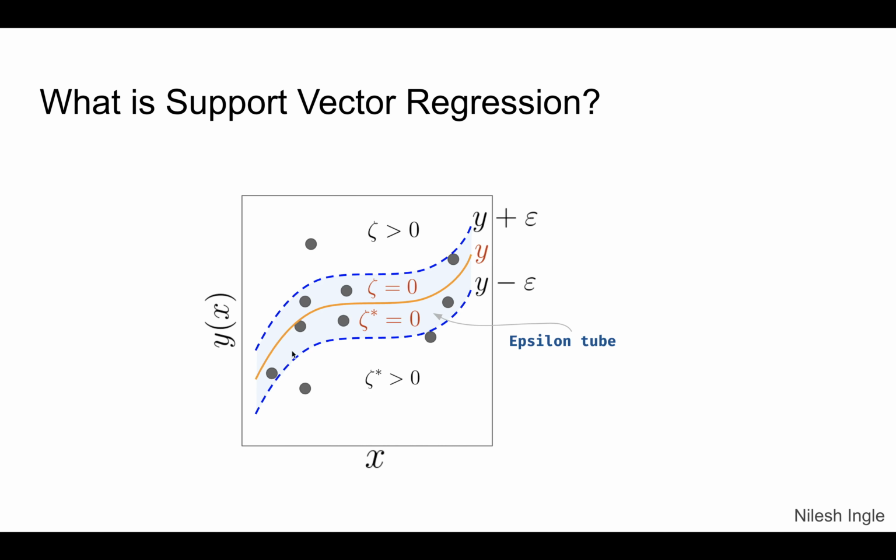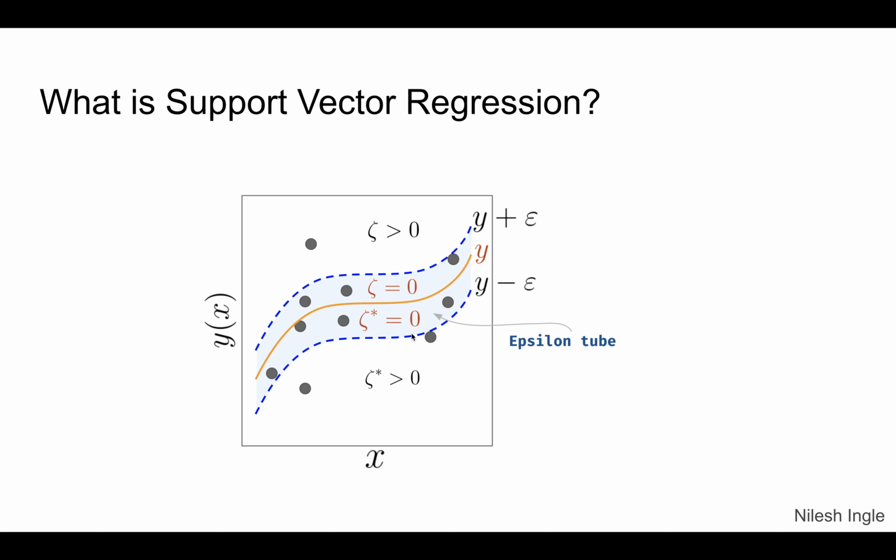If we have data points, which are the black dots shown here, then the main idea is that we want the data points to be within this epsilon tube. If they are within this epsilon tube, then there is no penalty associated with those data points.